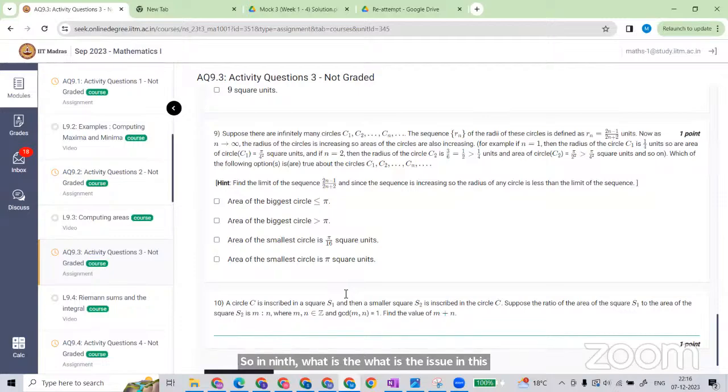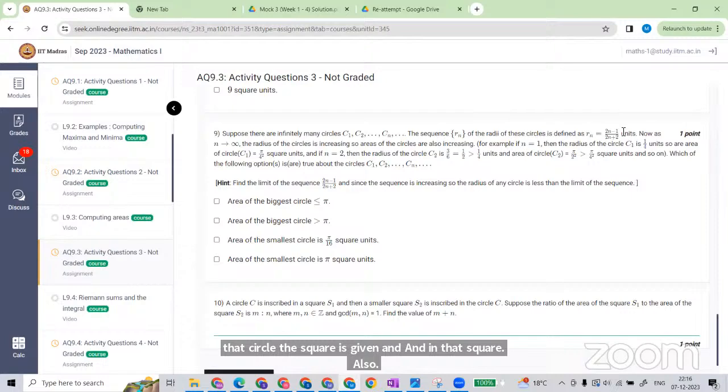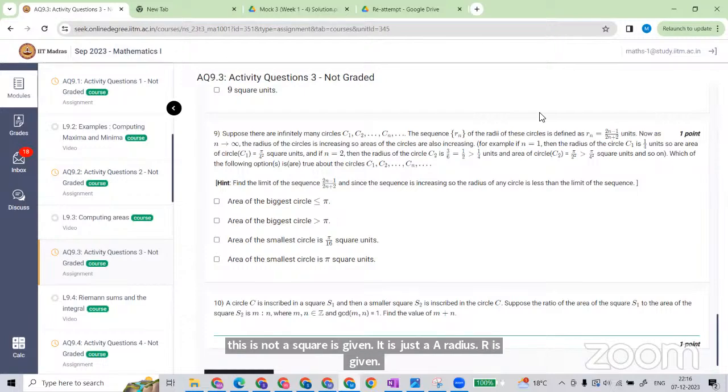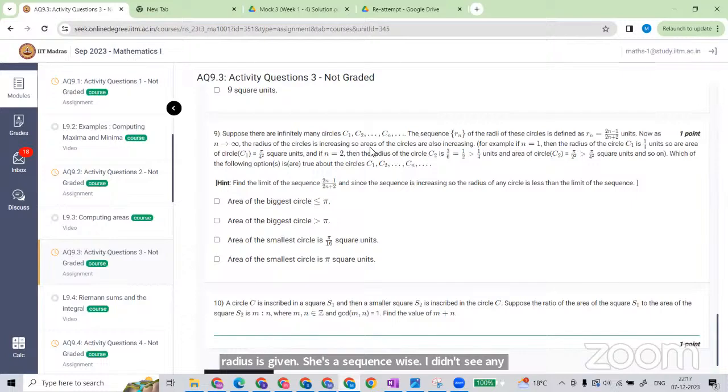Sir, actually, what is your doubt? There is a circle, and in that circle the square is given. No, this is not a square given. It is just a radius. R is given, which is in a sequence, and it is increasing.